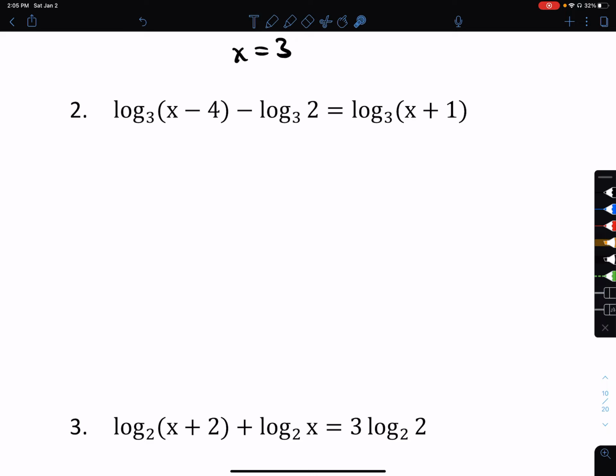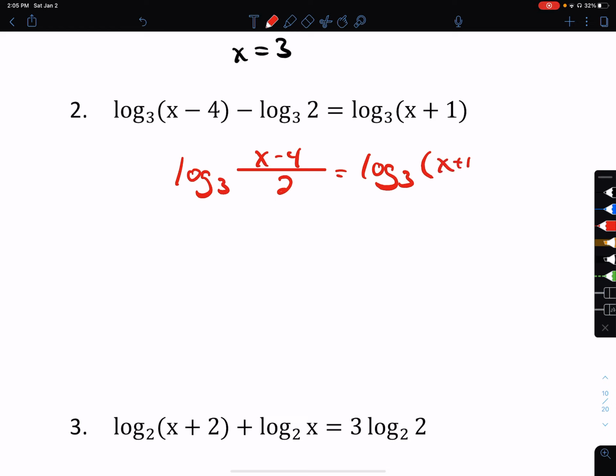Number 2. We can write this as one logarithm. We don't have any coefficients here. Since we're subtracting the logs, we're going to take the positive logarithm's argument and write that in the numerator. Write the negative logarithm's argument in the denominator. And the right side was already one logarithm.